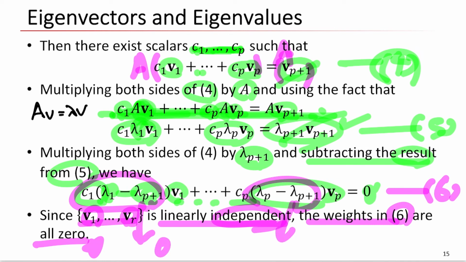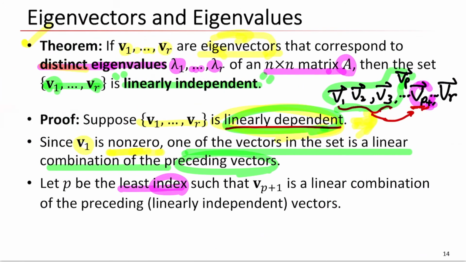So how can we make this term 0? The first possibility is that lambda 1 is equal to lambda(p+1), or c1 is equal to 0. But we cannot say lambda 1 is equal to lambda(p+1). Why? Because the lambdas are distinct eigenvalues.